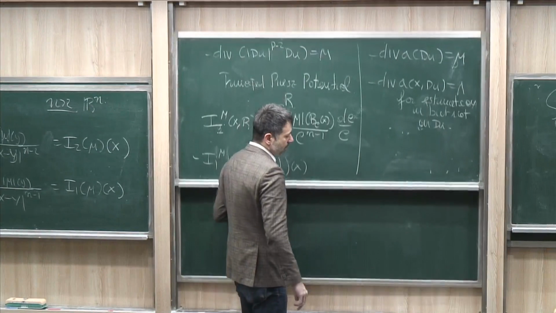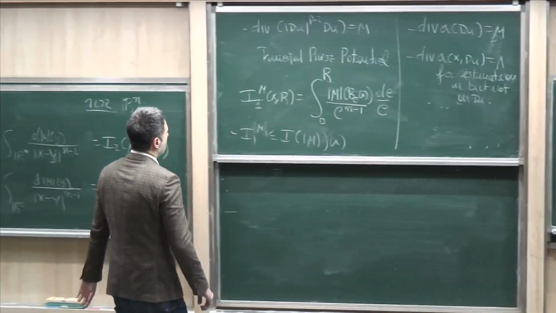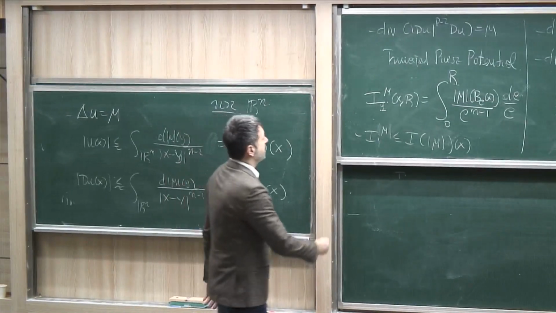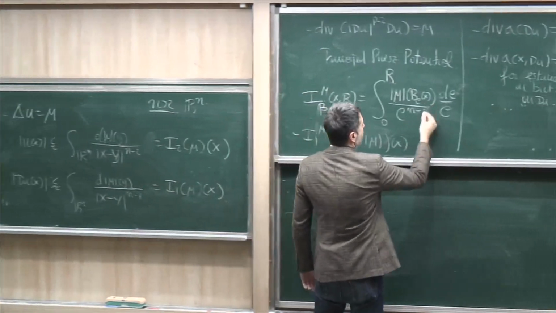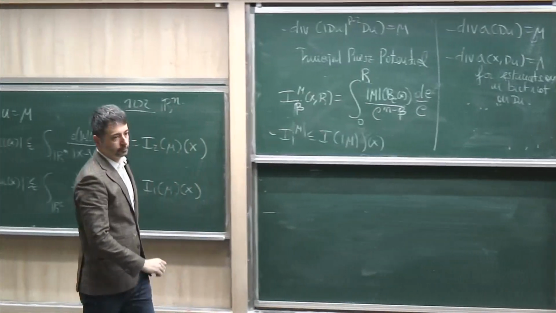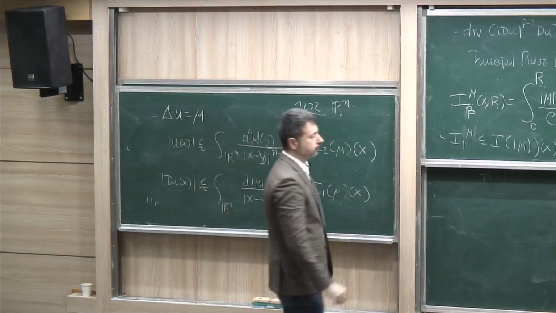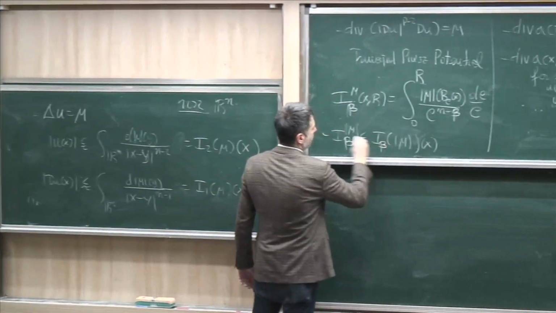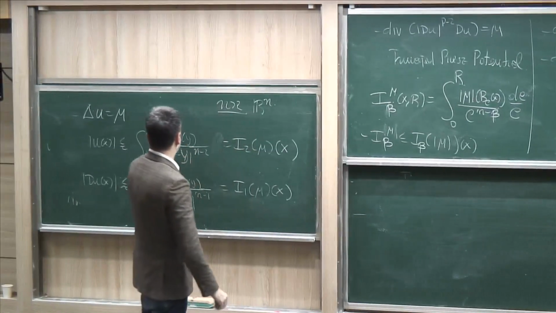Okay, and of course, you can do this with beta. This is the beta Riesz potential, and the beta Riesz potential is defined in the usual way.